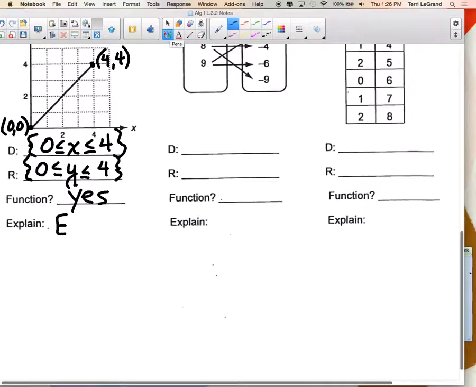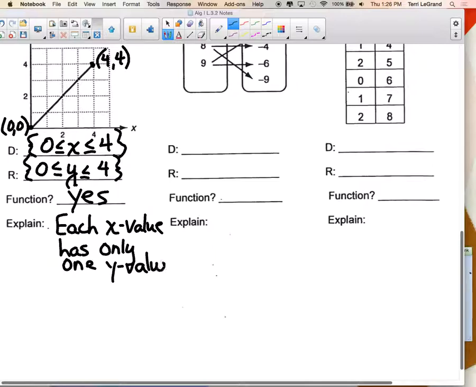And we would say each x value has only one y value. We don't even have to name them. If we can say each x value has only one y value, we're supporting that it is a function, because that's the rule to make a function.